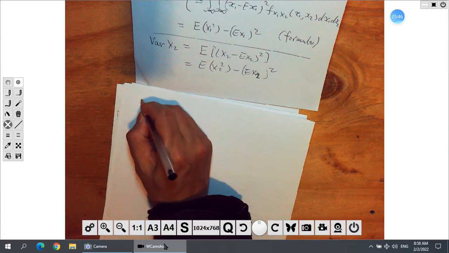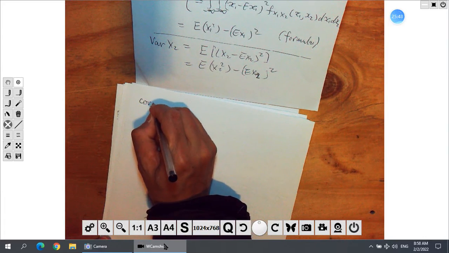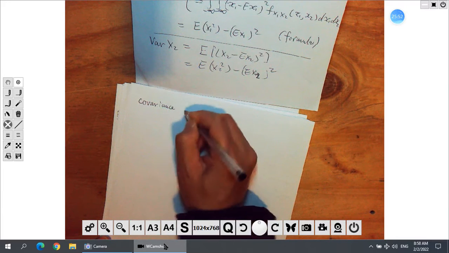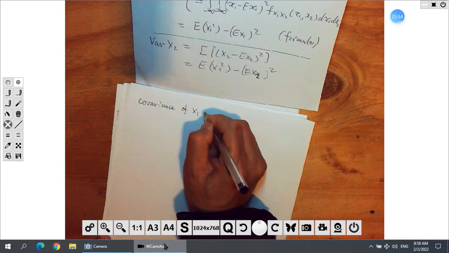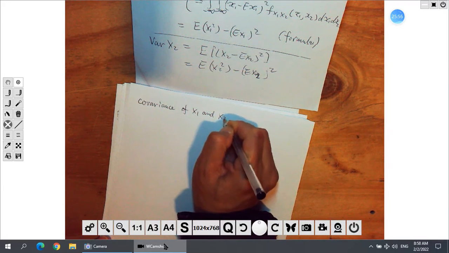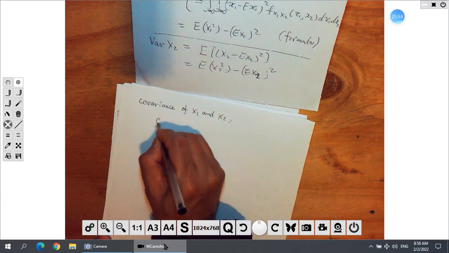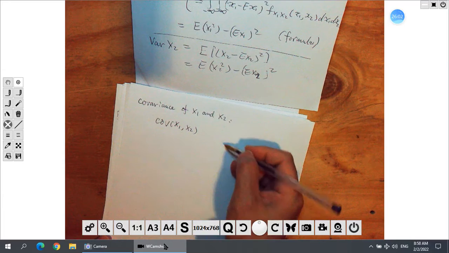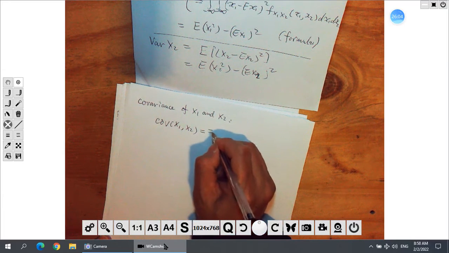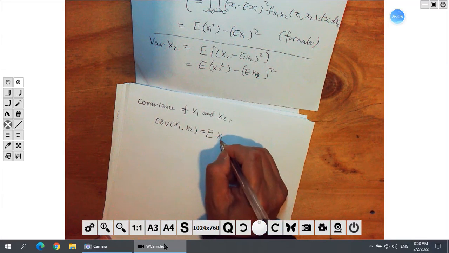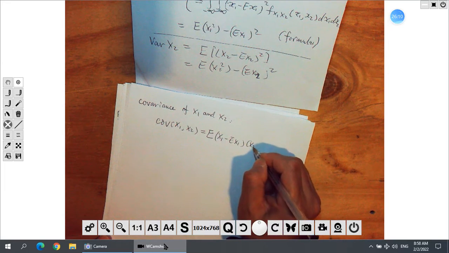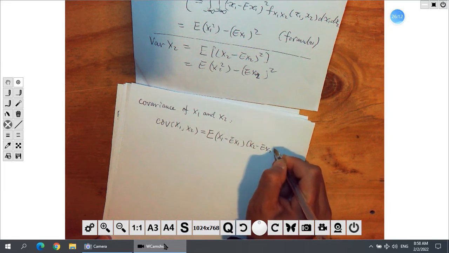So the covariance of x1 and x2, that is COV of x1 and x2, is defined as the expectation value of x1 minus E of x1 times x2 minus E of x2, with conjugate.